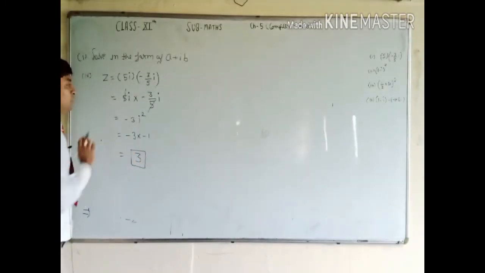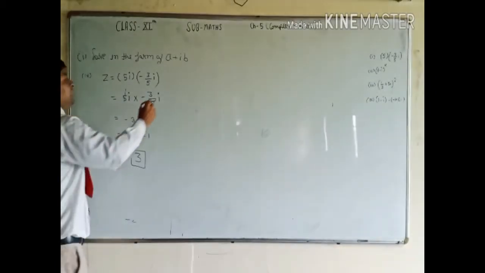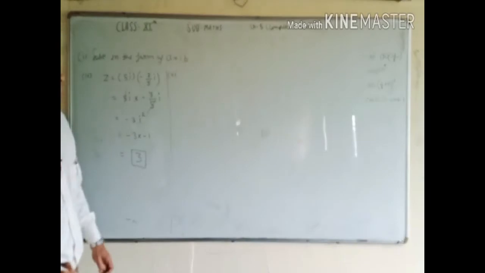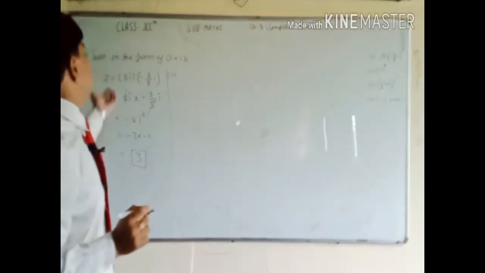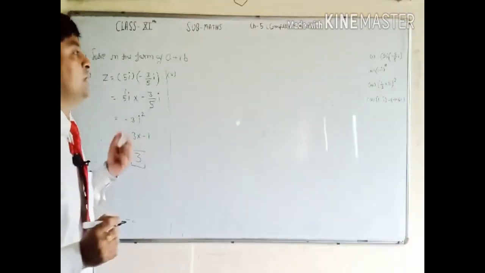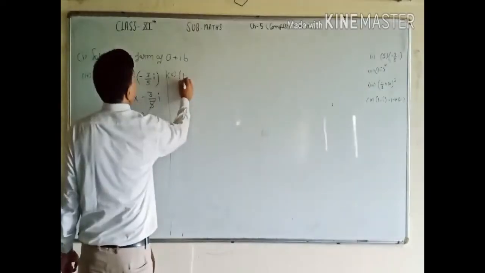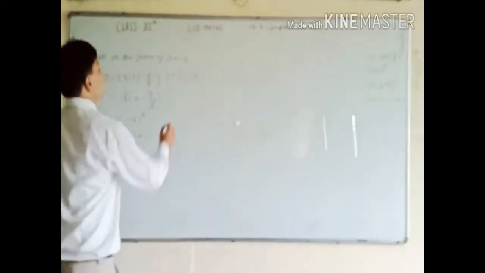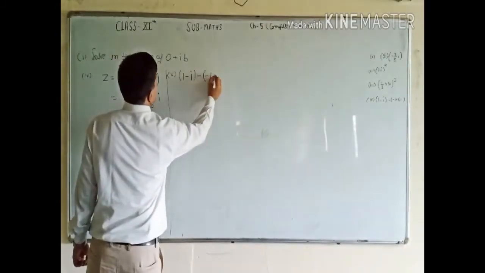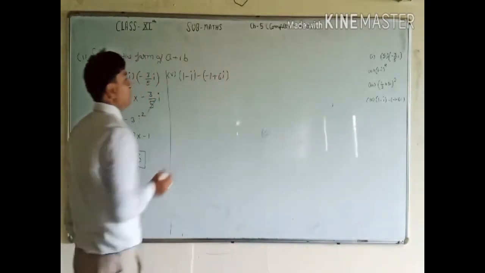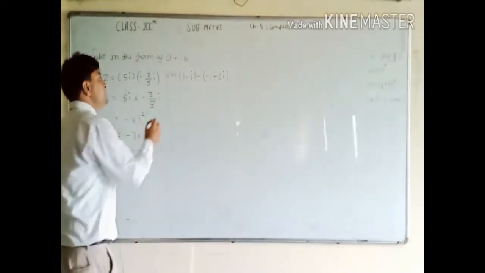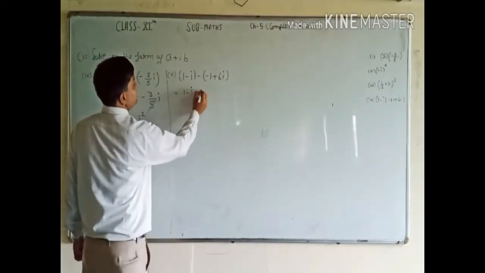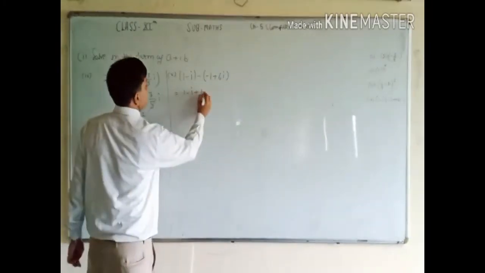Okay students, now the next question is question number 5. Find in the form of a plus iota b. The question is 1 minus iota minus 1 plus 6 iota. So when we solve this, this is 1 minus iota minus 1 plus minus 6 iota.